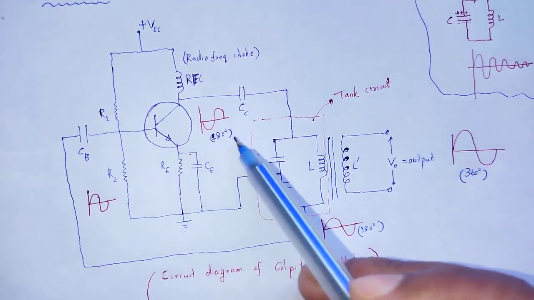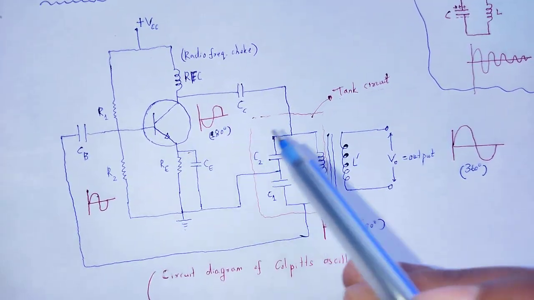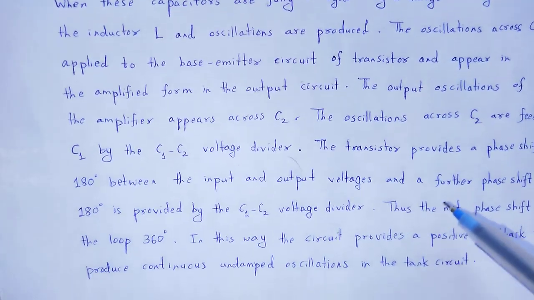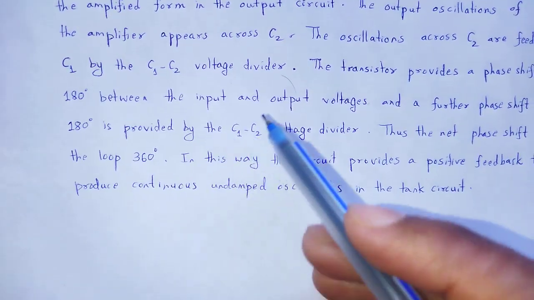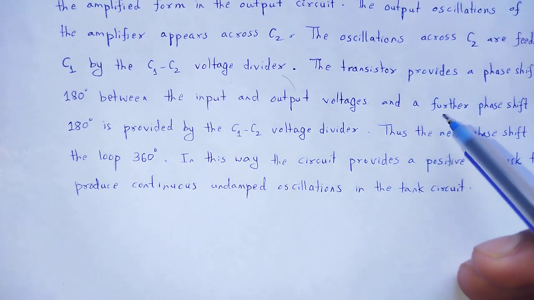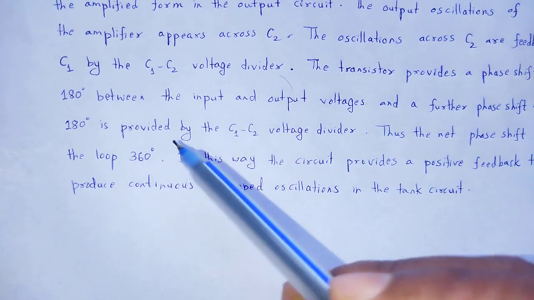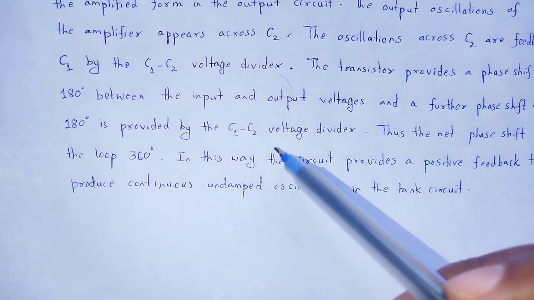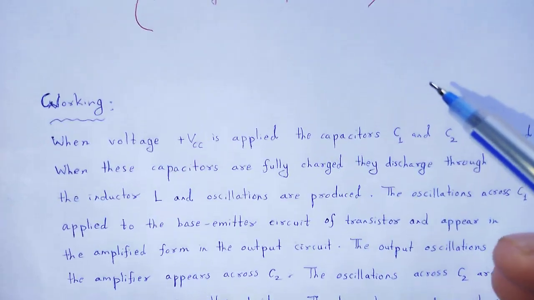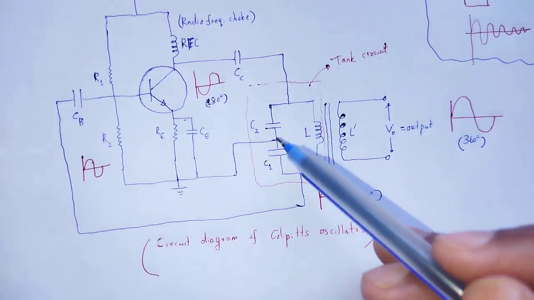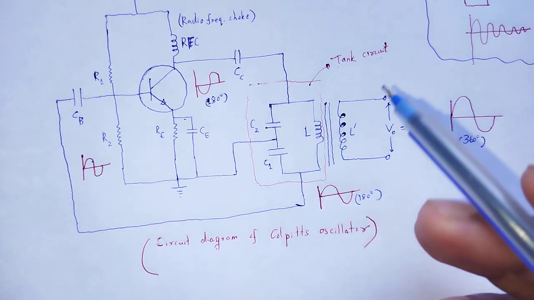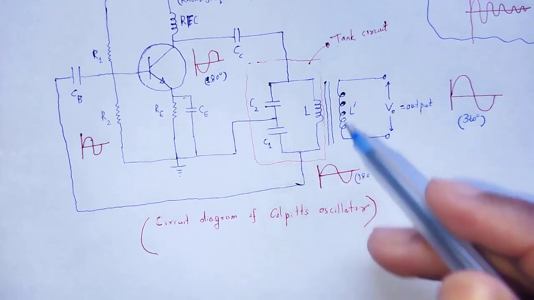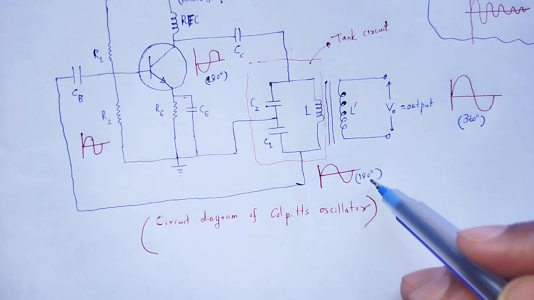Input and output we have 180 degree phase shift, and a further phase shift of 180 degree is provided by C1 C2 voltage divider. Further phase shift 180 degree required, and that further phase shift provided by that of C1 C2 voltage divider, which one is 180 degree.